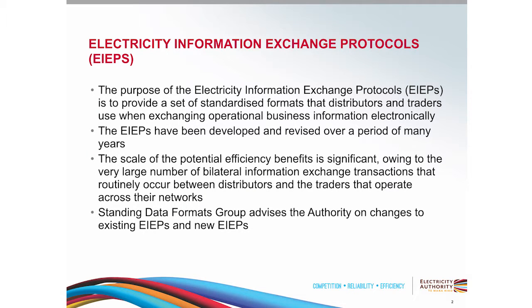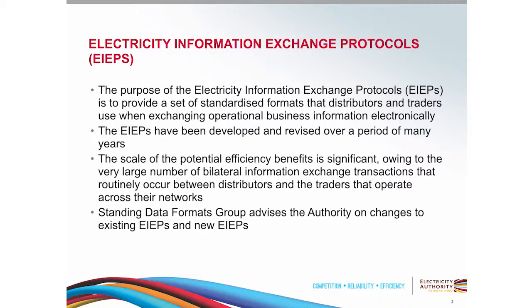And so EIEPs, their purpose is to enable a standardised format of data exchange between retailers and participants. There are 13 EIEPs, and we were saying before, EIEPs 1, 2, 3 and 12 are regulated. They've been developed and revised over a period of many years, and there have been many versions issued with them.